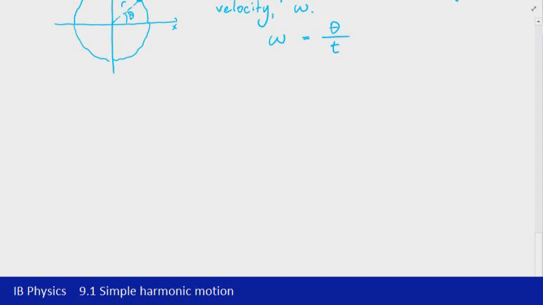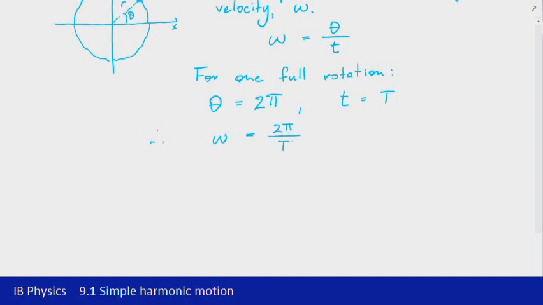If we consider one full rotation though, so for one full rotation we have that the angle that's covered, the angle theta is going to be equal to 2 pi radians, and the time that's going to take is going to be the period capital T. So we can therefore substitute in and say that omega is equal to 2 pi on T. Now that one is in the data booklet, so the angular velocity is equal to 2 pi over the period.